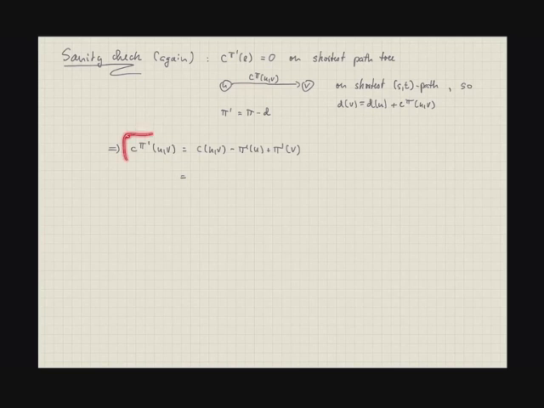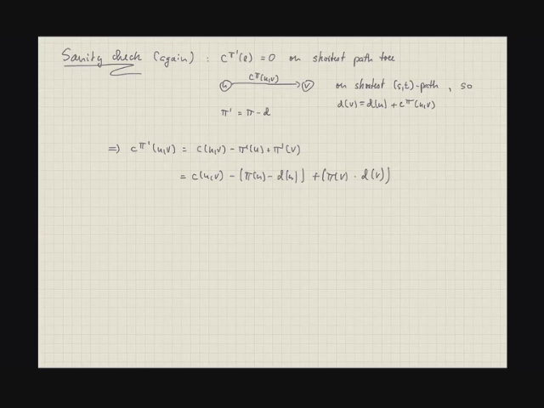Now, what is the definition of the new reduced cost coefficient? That is the cost of the edge plus the potential difference. Okay, and now we just plug in the values of these new node potentials pi prime. So that is just the cost from u to v minus, and what was pi prime? Well, that was pi of u minus d of u, plus pi of v minus d of v.